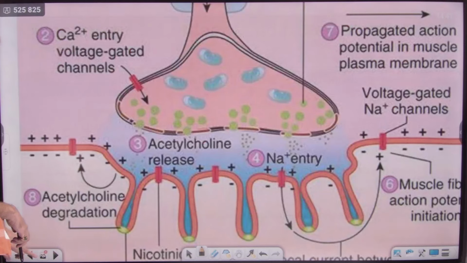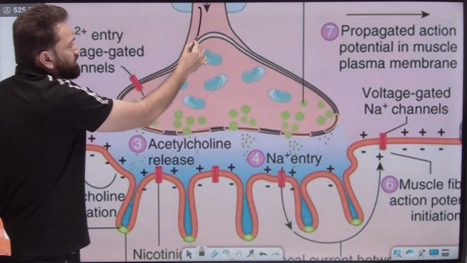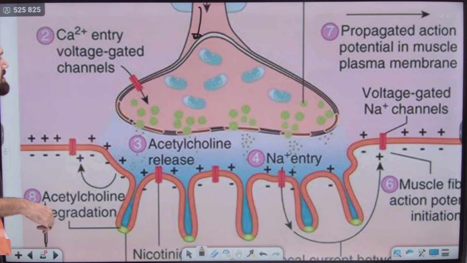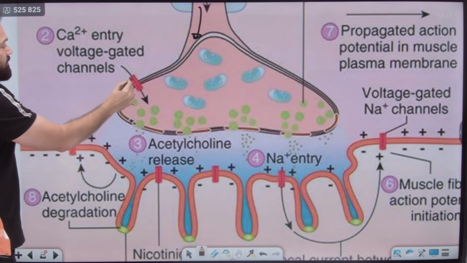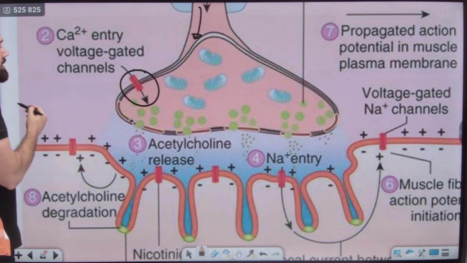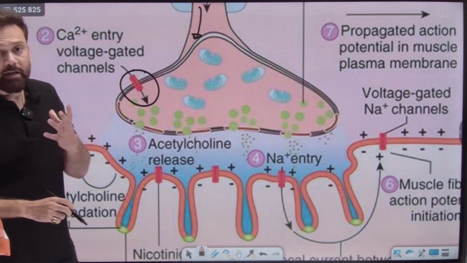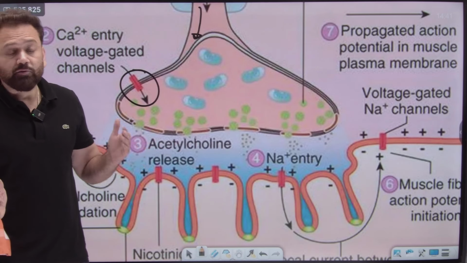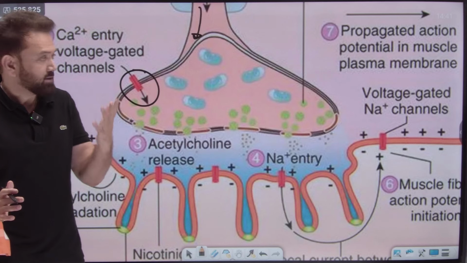So you know the diagram. From there, the action potential will come in the nerve terminal, and this action potential will cause opening of voltage gated calcium channel. Voltage gated means what? At certain voltage only they will open. That is why they are called voltage gated channels.